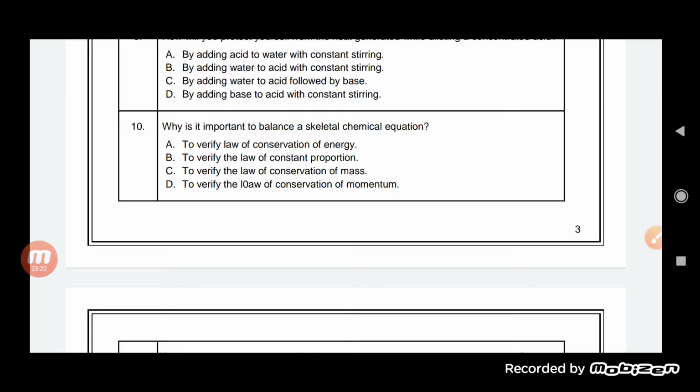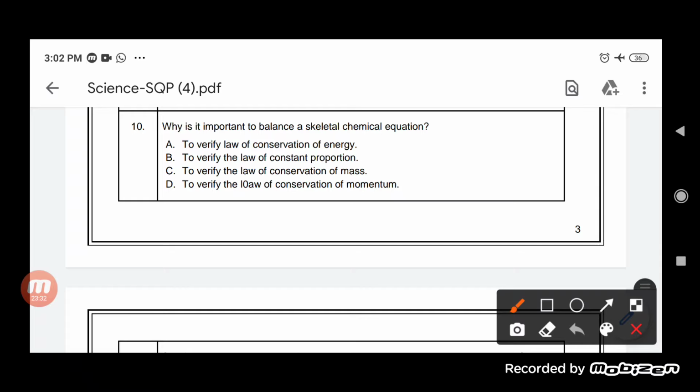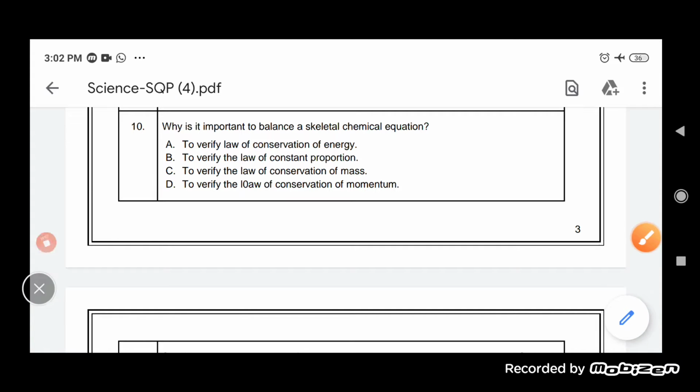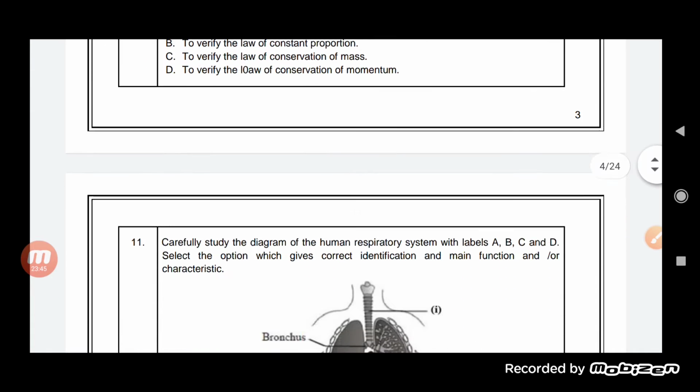So, in order to verify the conservation of mass, it is important that the chemical equation must be balanced properly. So the answer will be C, that is to verify the law of conservation of mass, students.